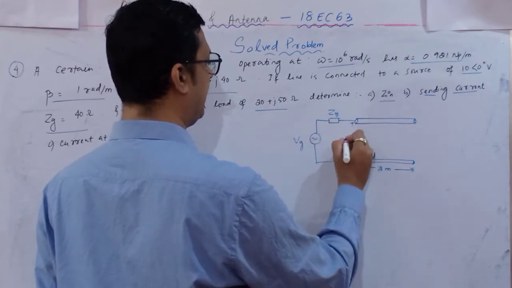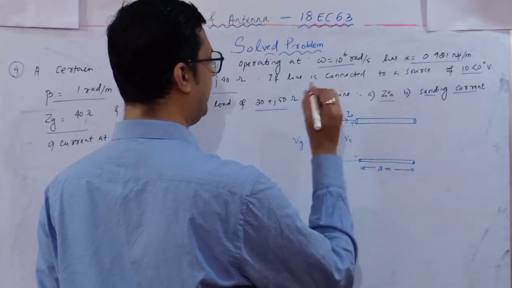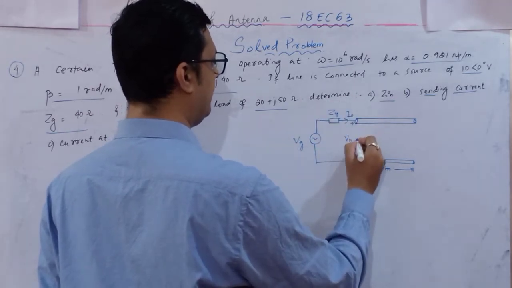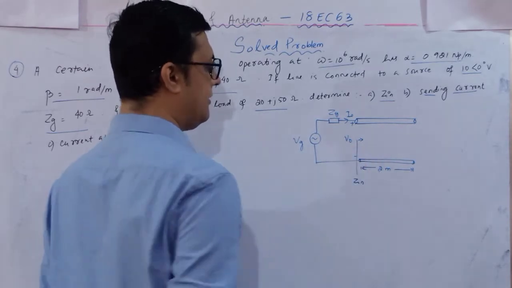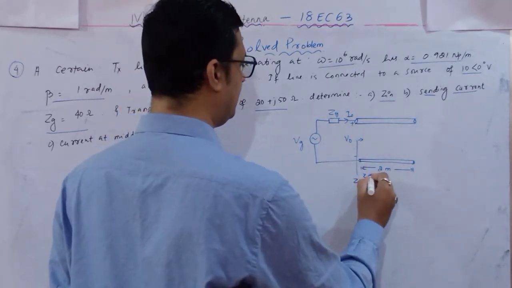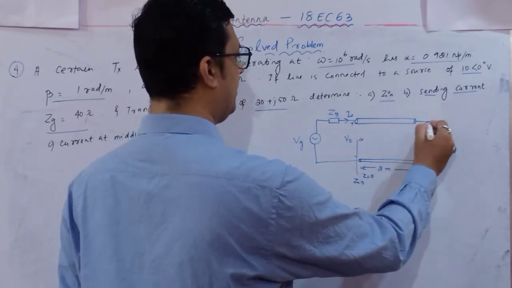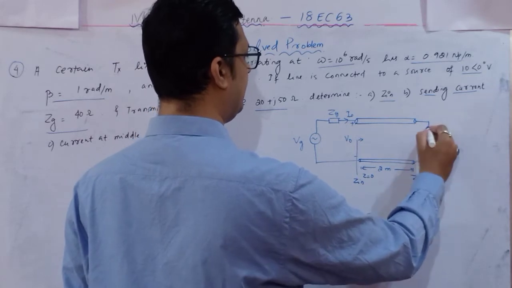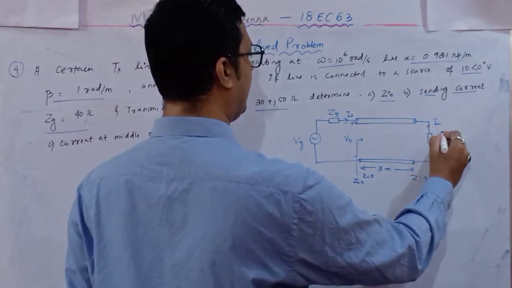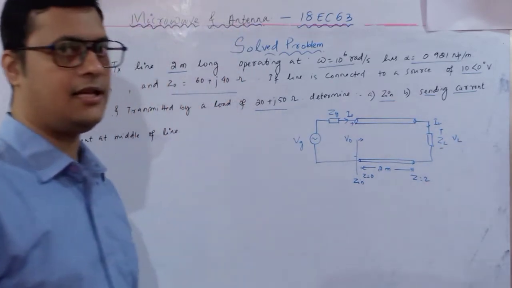This is plus minus V0. Current is I0, and input impedance we can measure at z is equal to 0 and z is equal to 2, and the load is connected here. It is ZL. So here the current is IL, plus minus this is VL. So this is the figure.